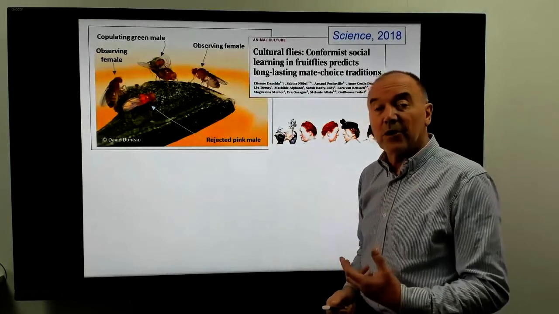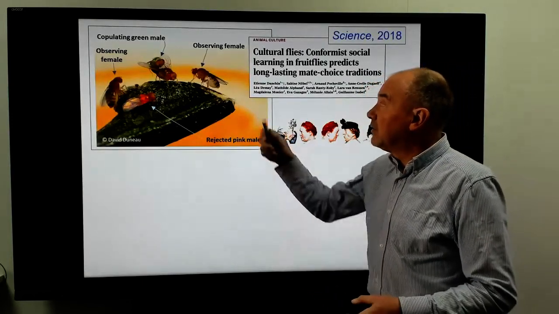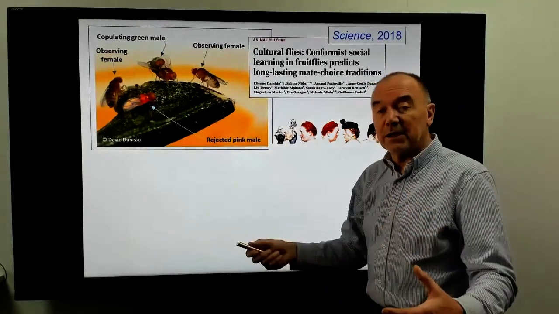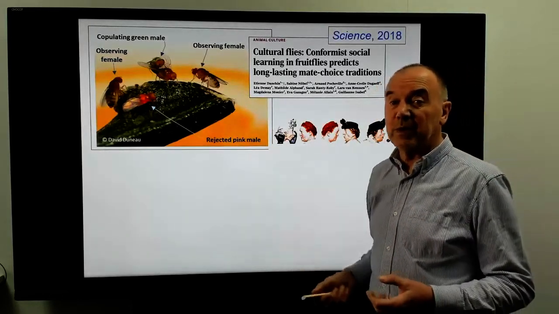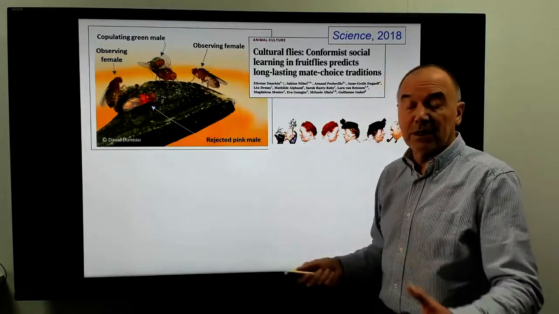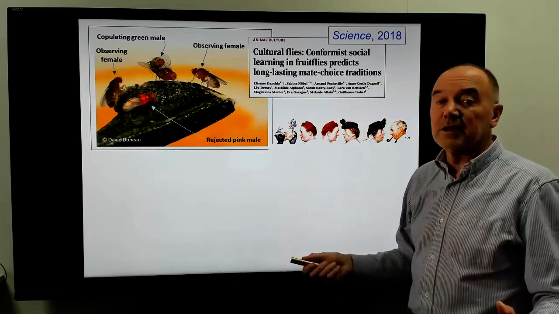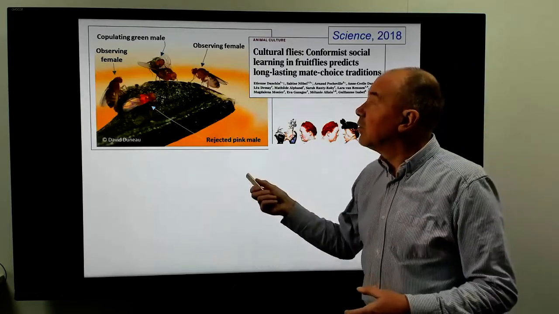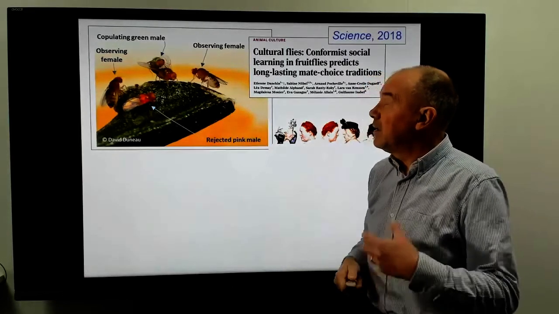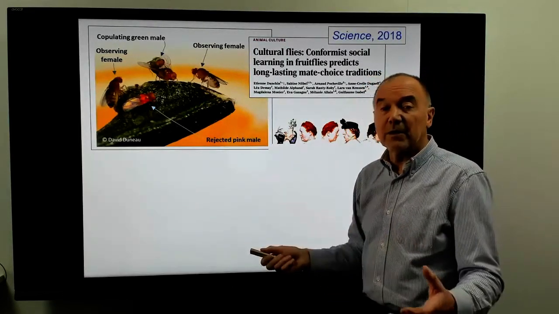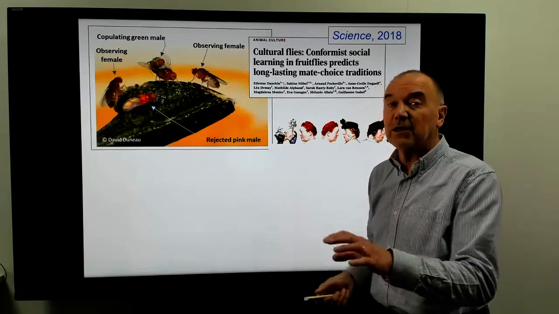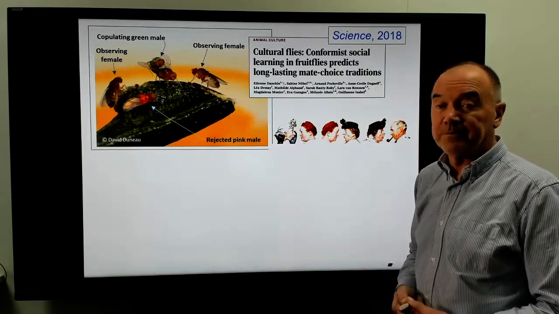And in mate choice copying, what's discovered is that if these females are then later allowed to mate with males, they will tend to prefer, if this has been their experience, green dusted males, or if the experimenters evolve pink ones that they're mating with, then that's what they'll prefer. They prefer what most females have indicated is a good male to mate with.